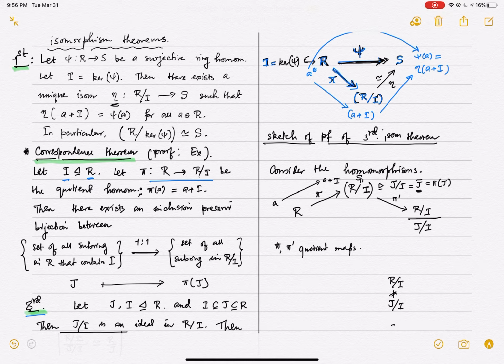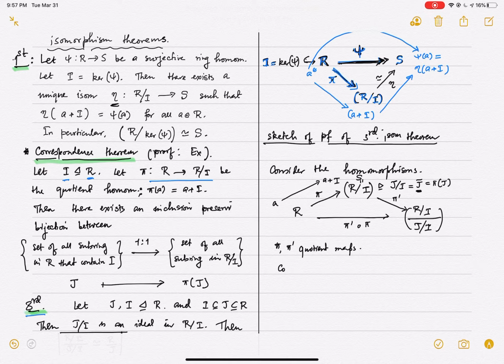Apply 2 quotient maps back to back. First apply pi, then apply pi prime, then you have a map from R to R mod I mod J mod I.